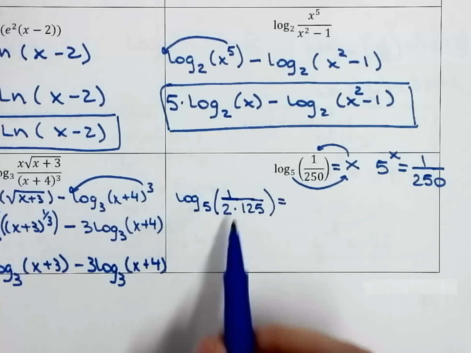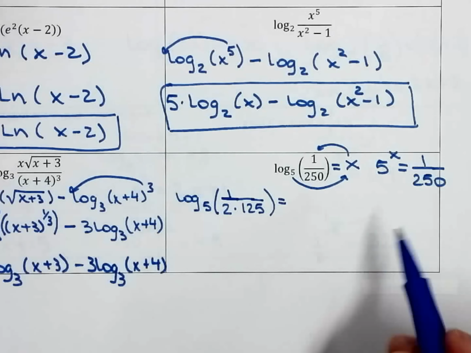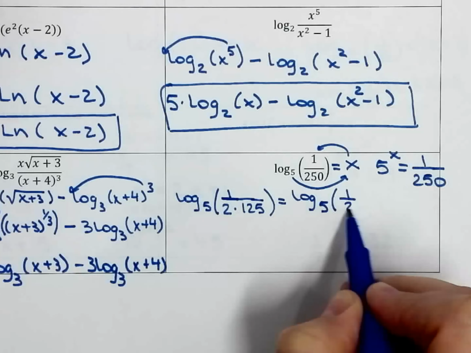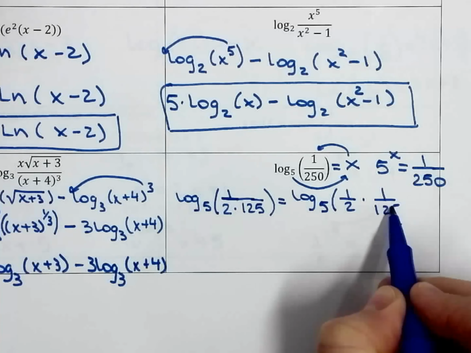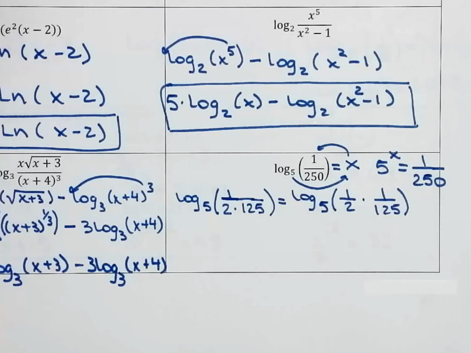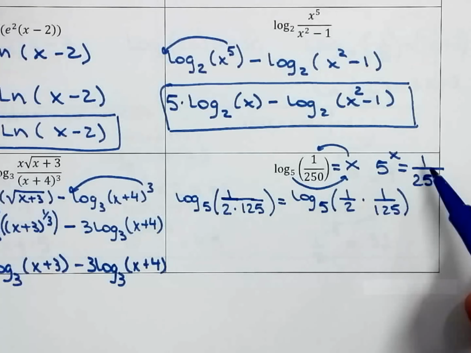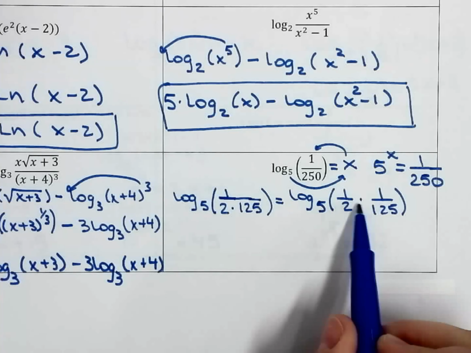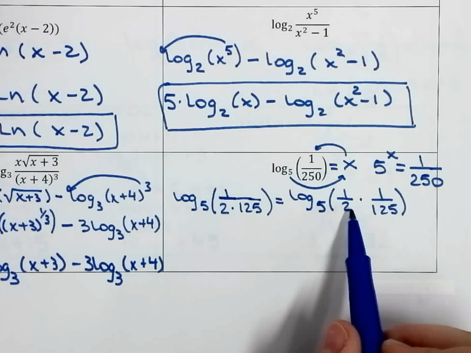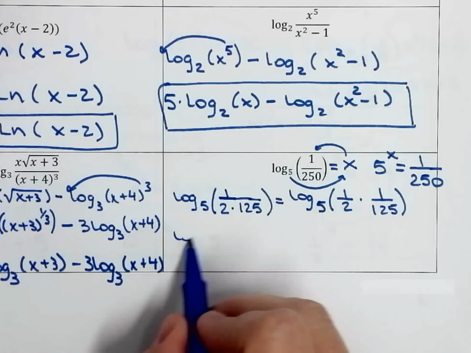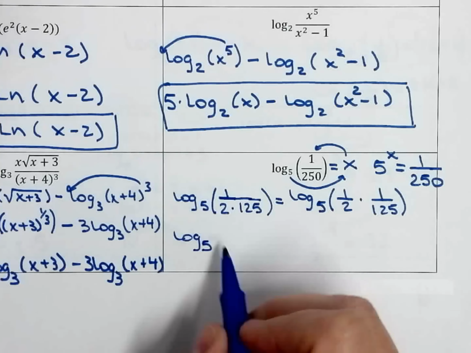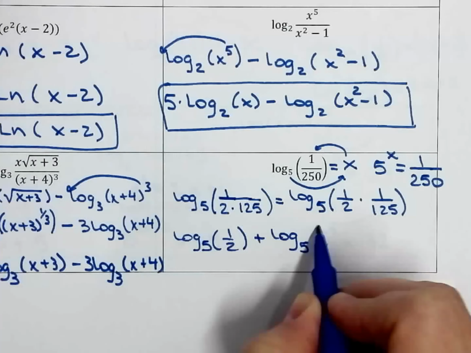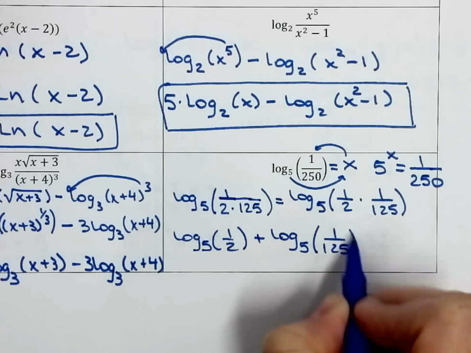And then I can split up these two fractions. I can make log base 5 of 1/2 times 1 over 125, because this way right here just didn't work out for me. So now, since I'm multiplying here, I can just add them. So log base 5 of 1/2 plus log base 5 of 1 over 125.